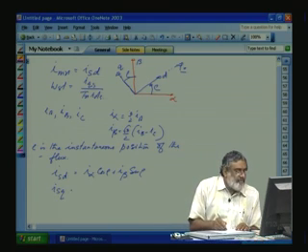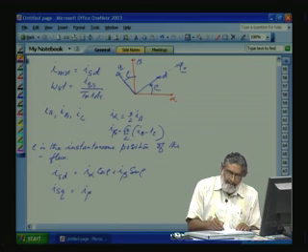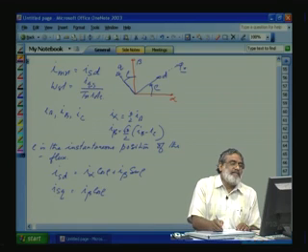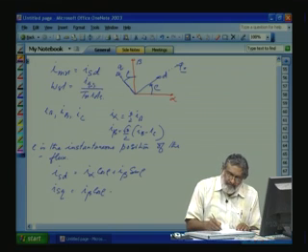Now, ISQ is equal to I beta cos rho minus I alpha sin rho.